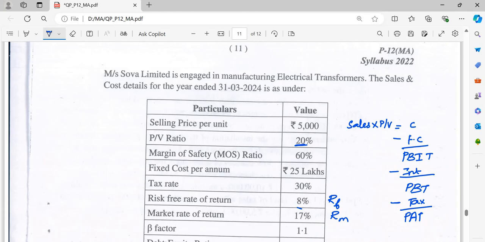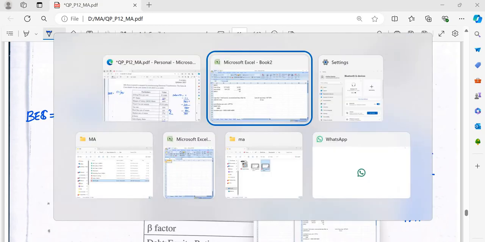So if I'm calculating break even point, that is break even sales, fixed cost divided by PV ratio will be my formula. So we have fixed cost of 25 lakhs and PV ratio has 20 percentage. So we can calculate in that way, or even units we can calculate, because contribution per unit also available. So either way we can calculate.